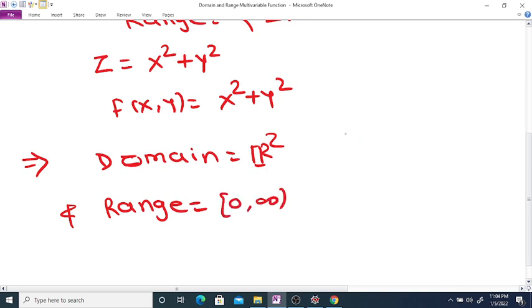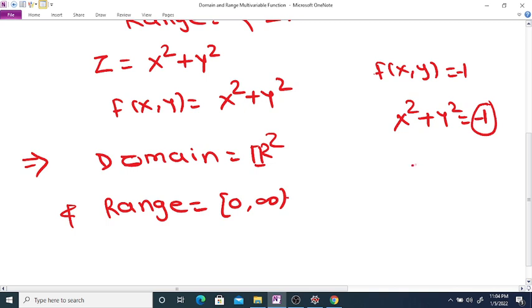Since you cannot have f of (x, y) equal to -1, that is, there does not exist (x, y) such that x square plus y square is equal to -1, the negative elements are not present in the range. Also, you can have f of (x, y) equal to 0.